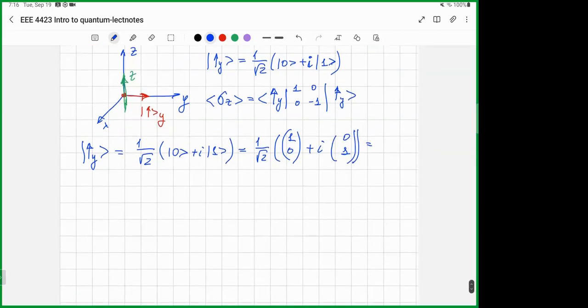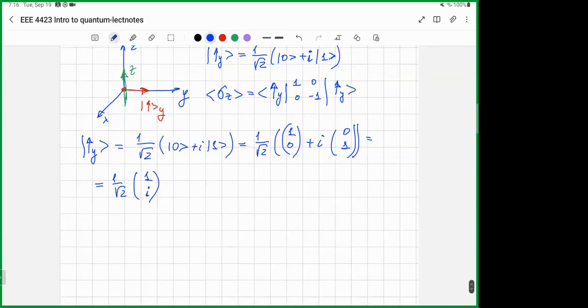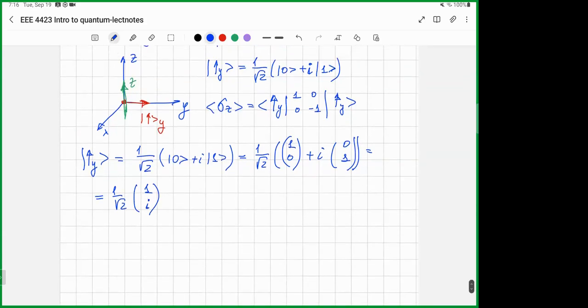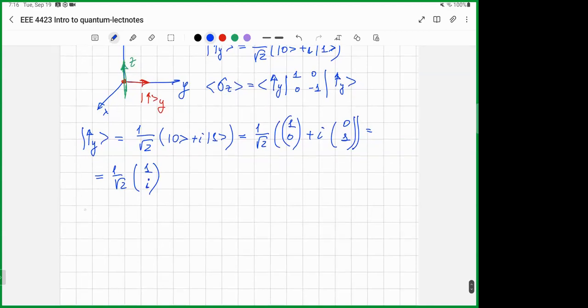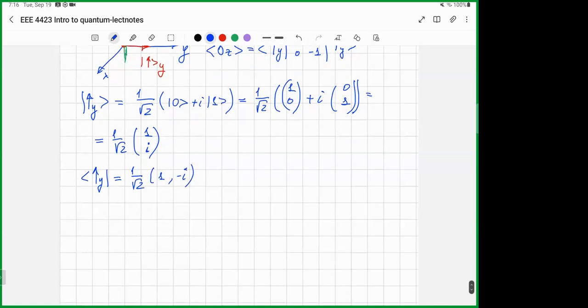So it is equal to 1 over square root of 2 times 1, i. And this is the ket, and hence for the bra of the same vector, I get 1 over square root of 2, the row 1, minus i.